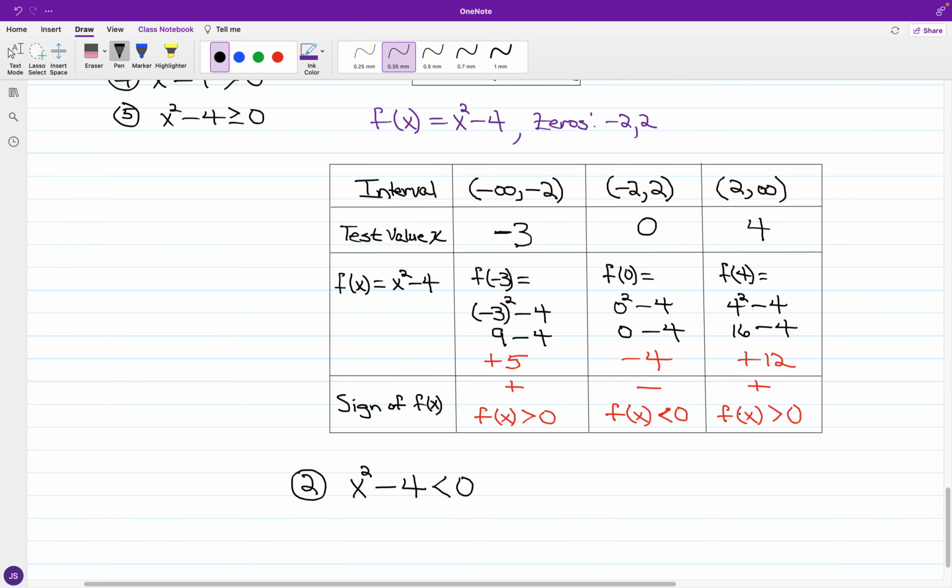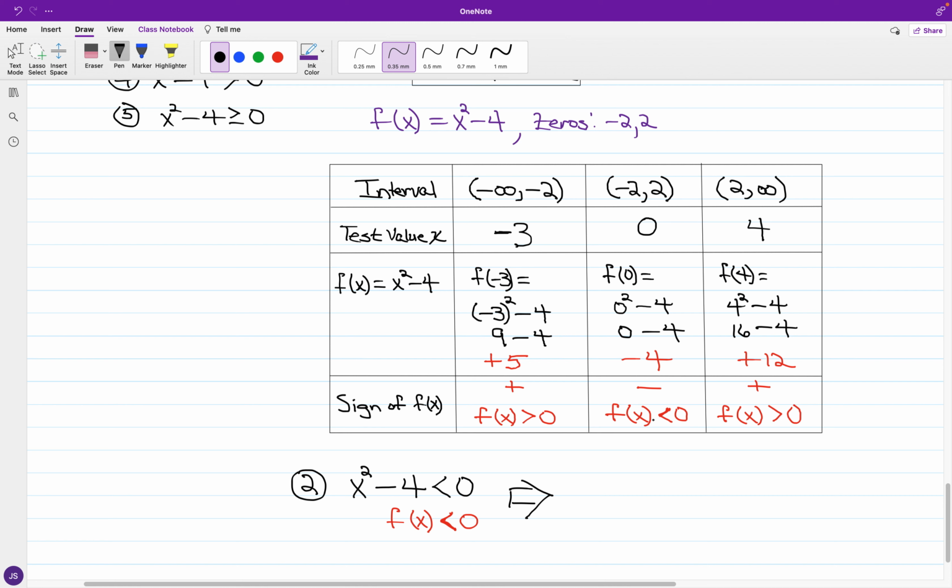And using these results in the bottom row to signal what's going to be in the solution, we have x squared minus 4 is less than 0. And again, f of x is defined by x squared minus 4. So we're looking at where f of x is less than 0. For the solution, we'll be looking at where f of x is less than 0, so this is occurring in the middle section.